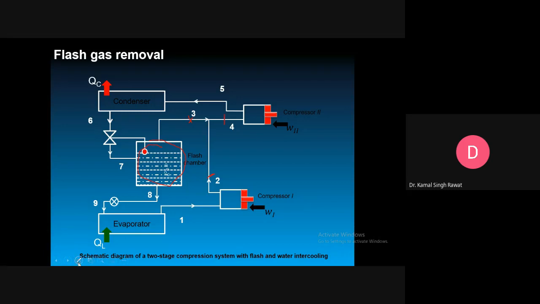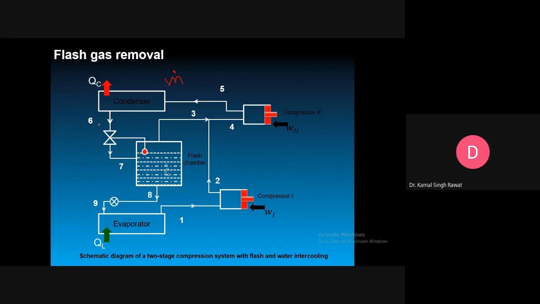Okay, now let's assume that the mass flowing in the condenser is m dot. So the mass of the refrigerant which is flowing inside the condenser is m dot. So if m dot mass is entering the condenser, how much mass is leaving the condenser? Sir, m dot.